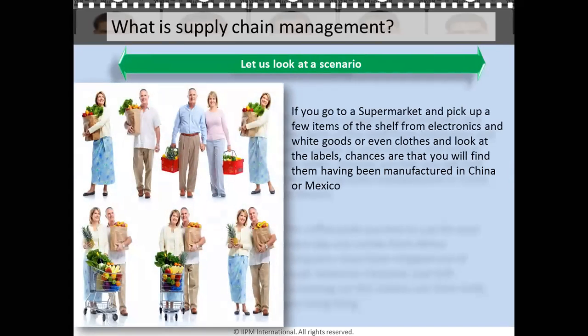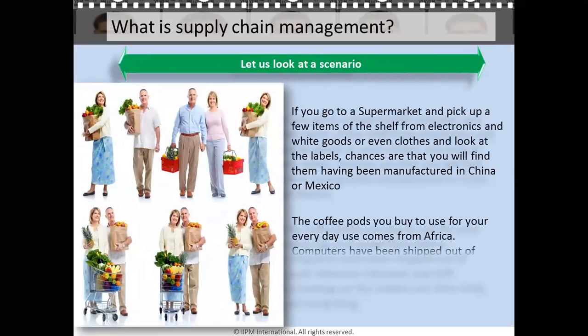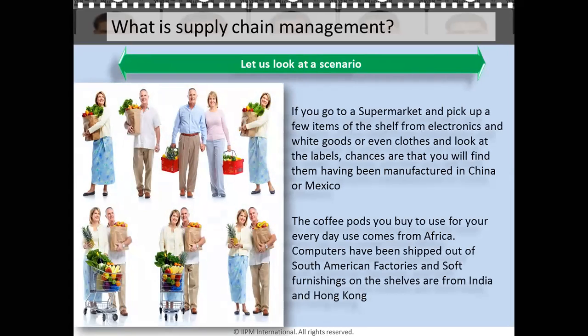Supply chain management. To help us understand supply chain management, let's quickly look at this scenario. If you go to a supermarket and pick up a few items off the shelf, from electronics and white goods or even clothes, and look at the labels, chances are that you will find them manufactured in China or Mexico.